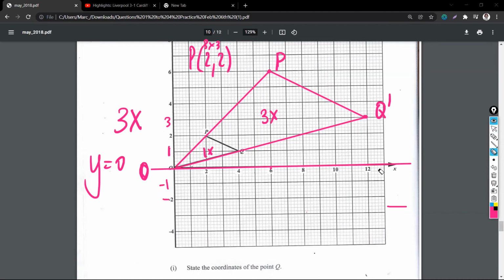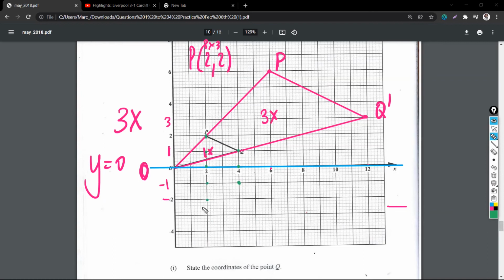Let me make it blue. This blue line is the only line where y could be equal to 0. Make sense, guys? So we need to do our reflection through that line. And how do we do it? Let me make it green. So 1 point here, it's 1 here. So this is the first point. The next point is 1, 2.